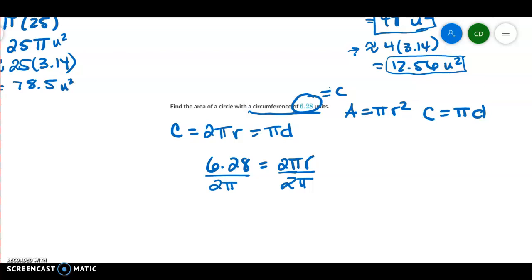6.28 is clearly rounded. So when I do pi in my calculator, I'm going to use 3.14. Okay? Because if you're using your iPhone calculator, you have to do order of operations correctly. I'm going to do 2 times 3.14, right, which is 6.28.